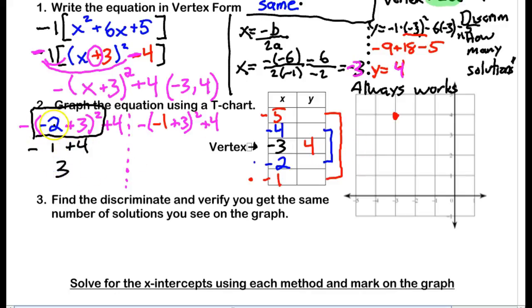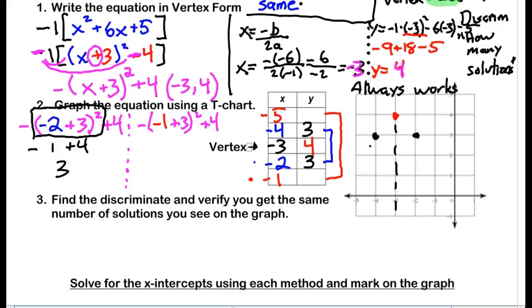So if I plug in -2, I get an answer of 3. I know this is an answer, but so is this. -2, 3 is an answer, and so is its counterpart in symmetry. Well, on the other side, it's going to be the same number.